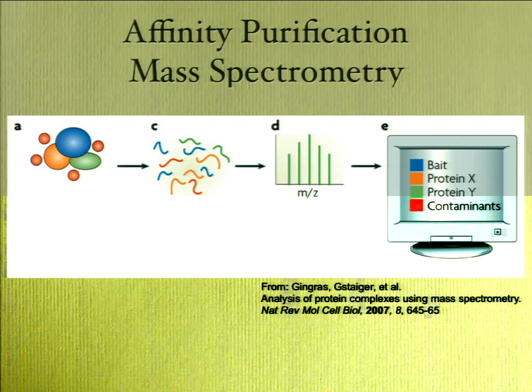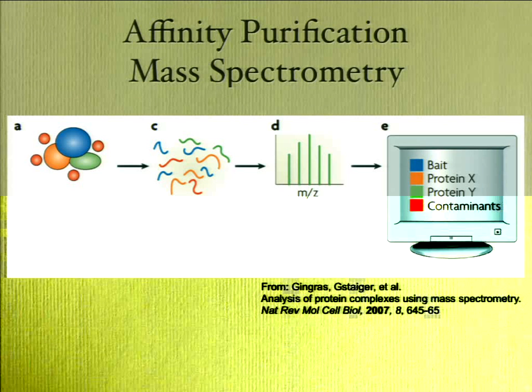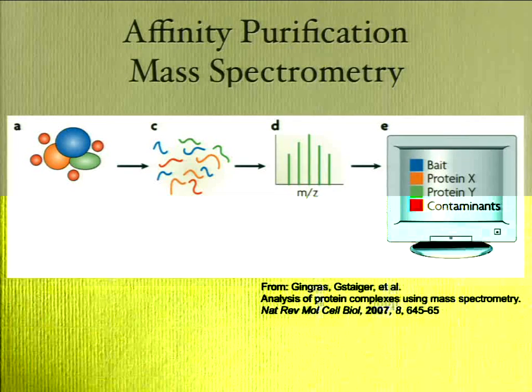The problem here is it tells you what proteins are in the complex, but it doesn't actually tell you if any of them are binding as dimers, trimers, tetramers, and so forth. So in fact, if you look at the mass spec studies, you'll find they report no homomeric interactions.